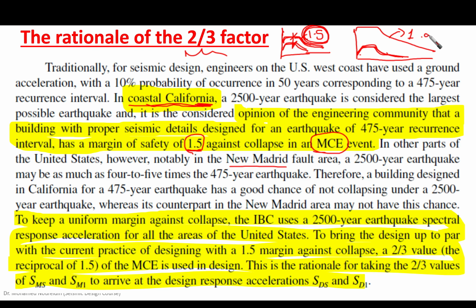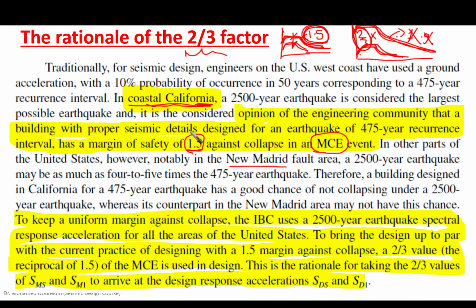It may be 0.9, so our structure would fail. So they found it is not right to use the design response spectrum directly. We should use the mapped one based on the maximum risk target, and from it we can multiply by 2/3, which is the common safety factor inherent in our buildings.